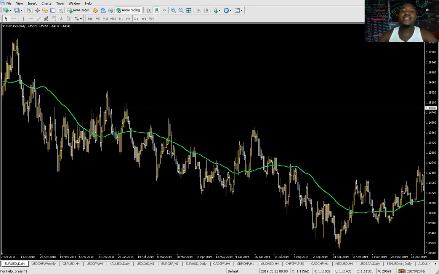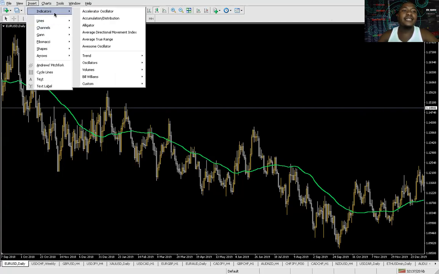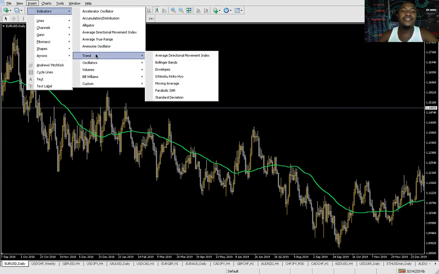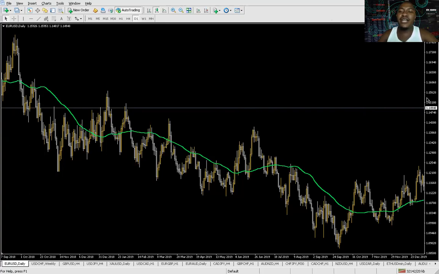Okay, let's go. Let's add another one. Insert indicators, trend, moving average. Now the next moving average that we are going to be adding is going to be period 100.